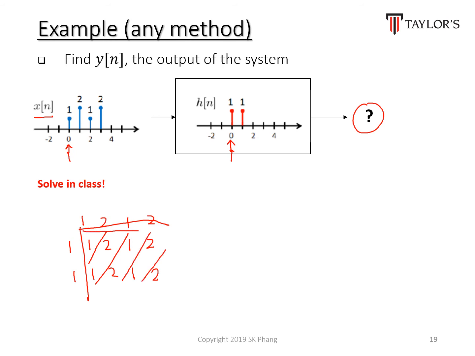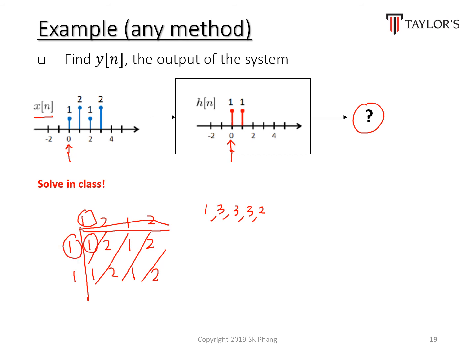Okay, so this was the line earlier. Alright, now the answer will be 1, and then 2 plus 1, so it's 3, and then 1 plus 2, so it's 3, 2 plus 1, so it's 3, and finally 2. And where is the origin? The origin is where both origins intersect. So in this case, this was the origin, and this was the origin.